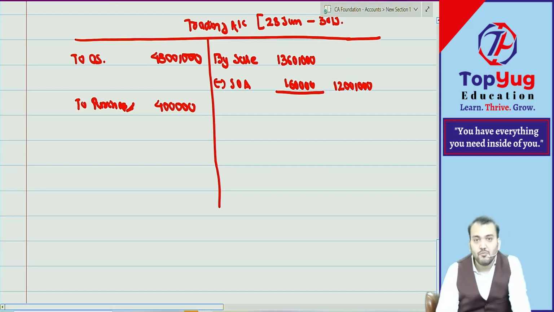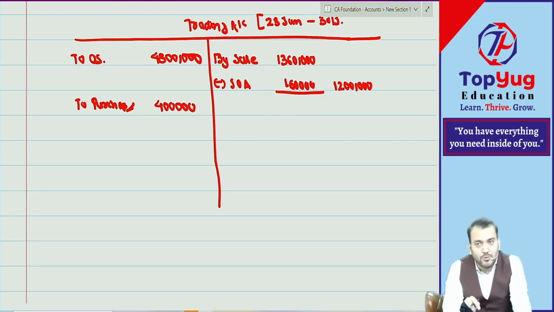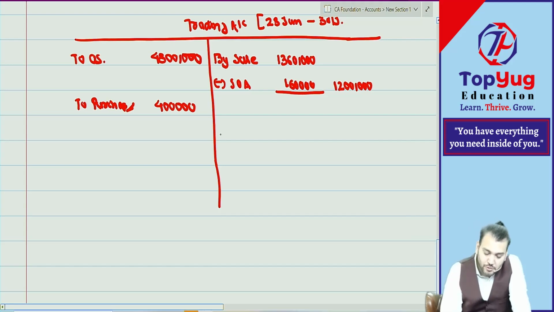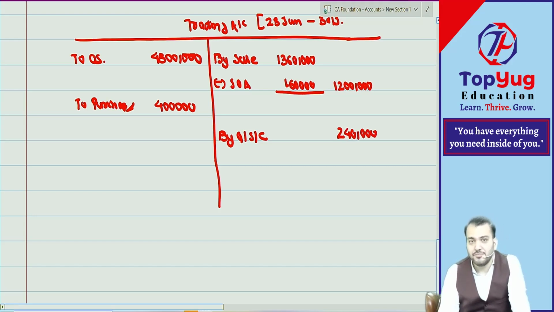Correct. What is the journal entry for goods sent on consignment? Goods sent on consignment will be closed through trading account. How much is goods sent on consignment? 2 lakh 40,000. What is the journal entry for stock lying with the customer?